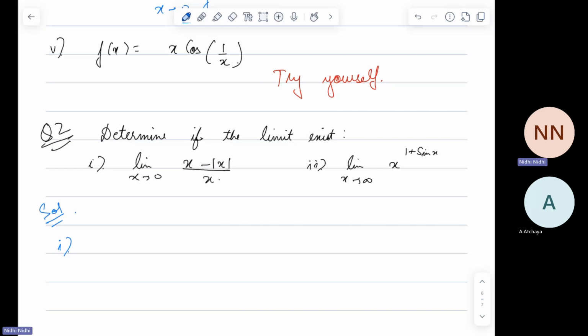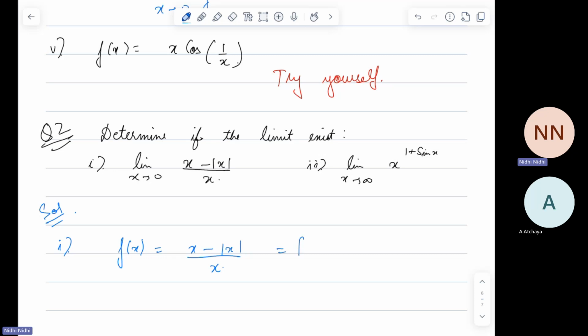See, in the first part, I would like you to start by observing how this function looks. So we have f(x) is equal to x minus mod x by x. We know that mod x is a piecewise function. We can define it differently for x positive and x negative.